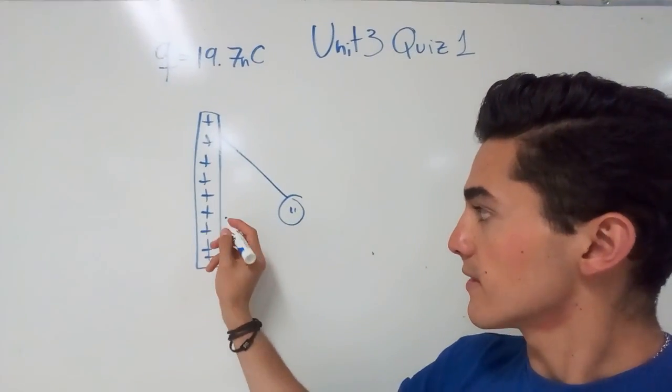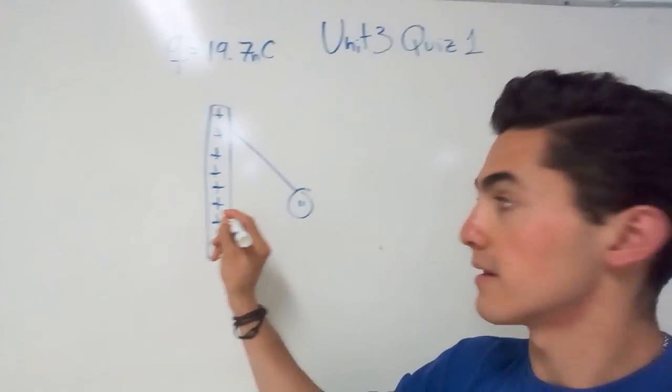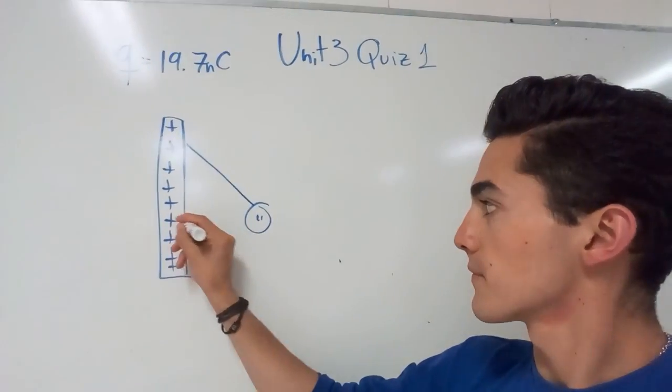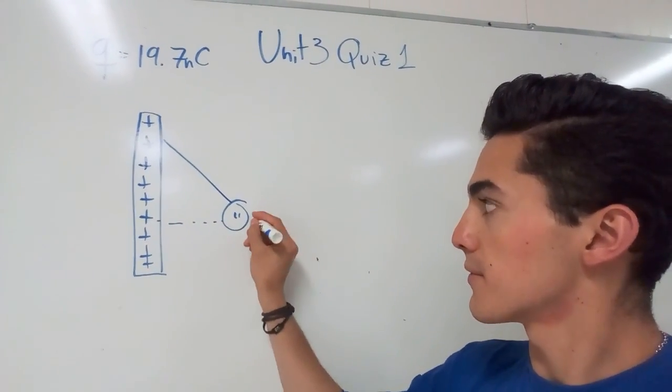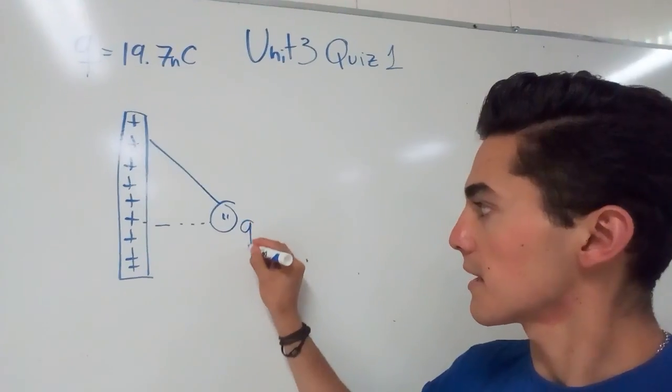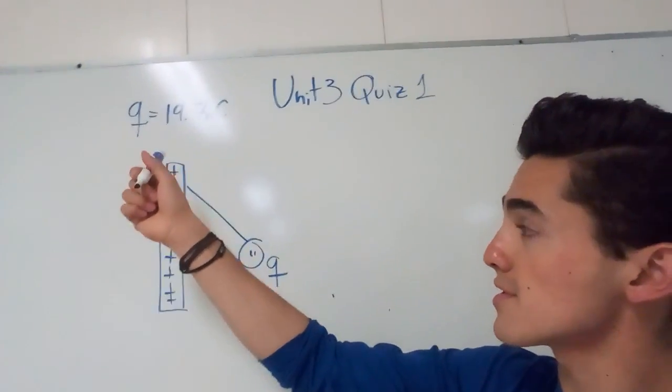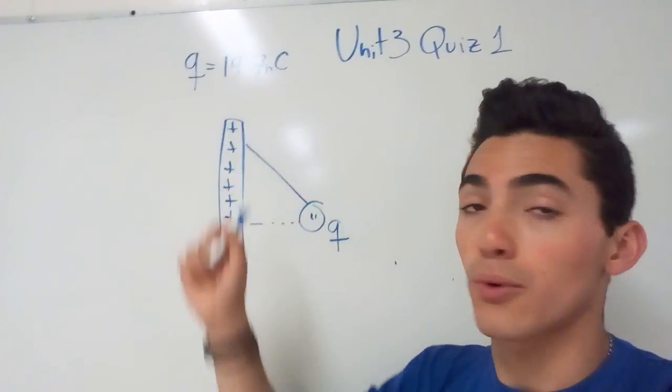As we can see, the plane is exerting a force on the charge. Here we have our charge, and the charge is equal to 19.7.